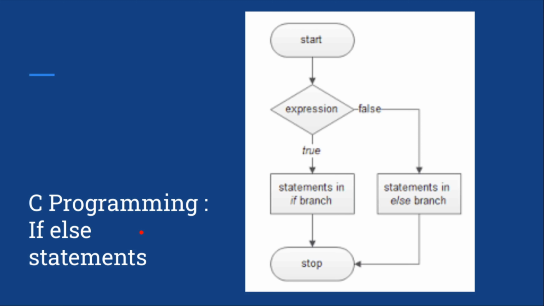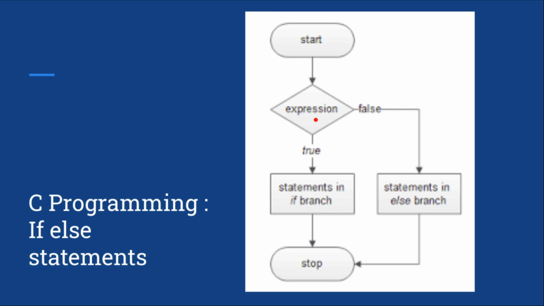First of all, we need to understand what an if-else statement is and how it works using a flow chart. For example, let's check the flow. From here we have the start of a program, then we have an expression, which means we have one condition.